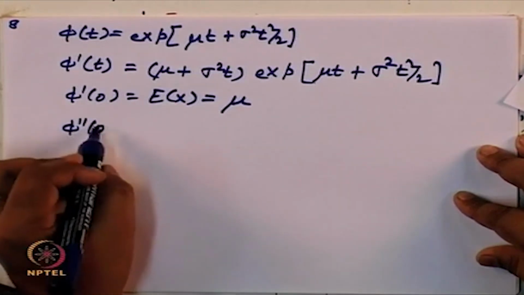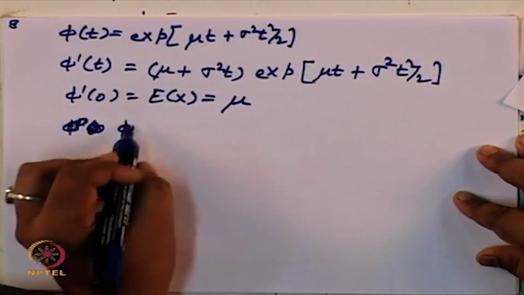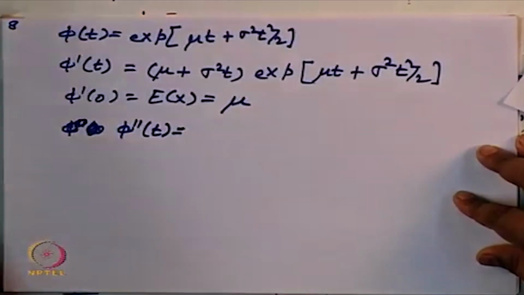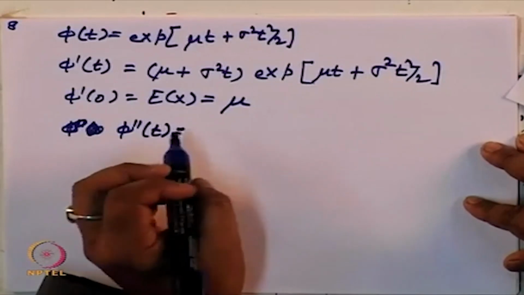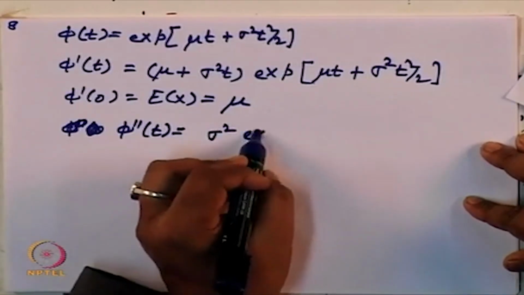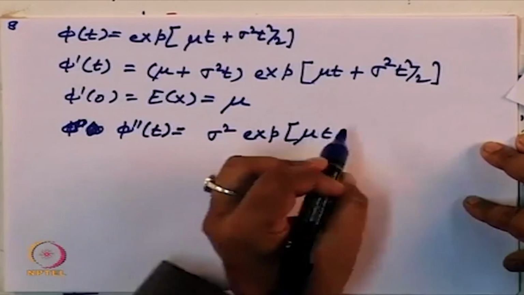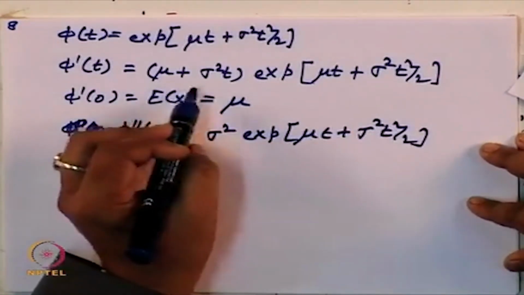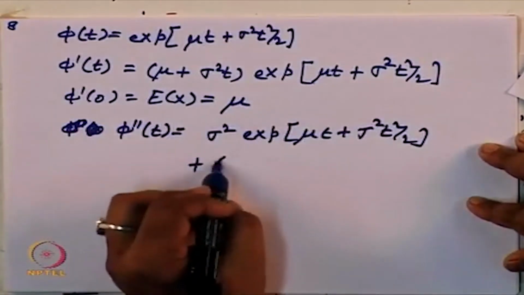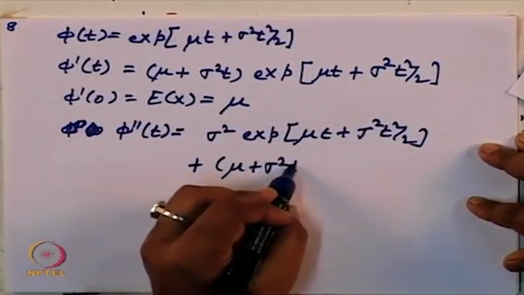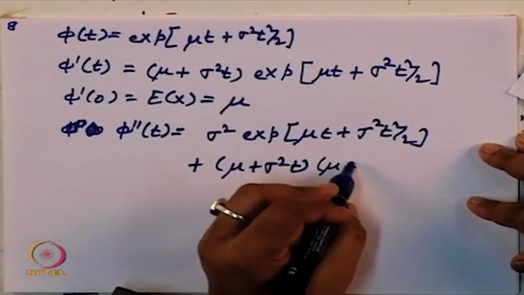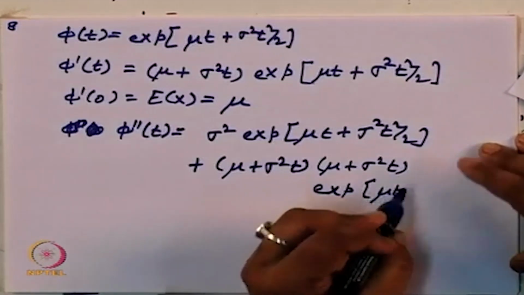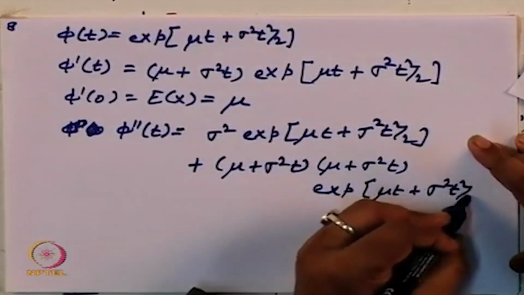Phi double prime of 0. First let us find phi double prime of t, which is equal to sigma square exponential of mu t plus sigma square t square by 2. Basically I have taken a derivative of this term, keeping the other as constant, plus mu plus sigma square t into mu plus sigma square t into exponential of mu t plus sigma square t square by 2.